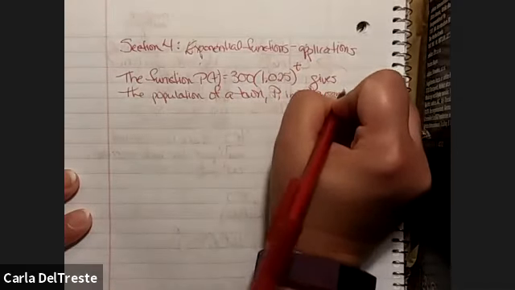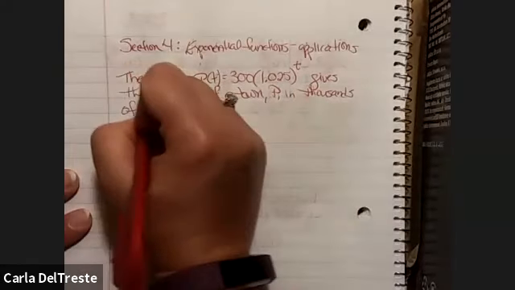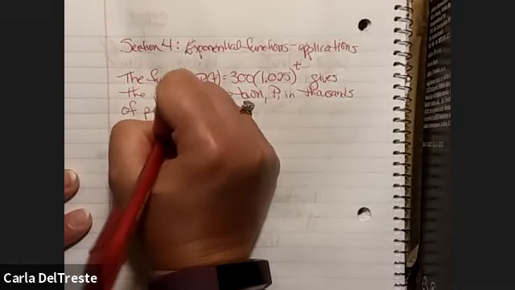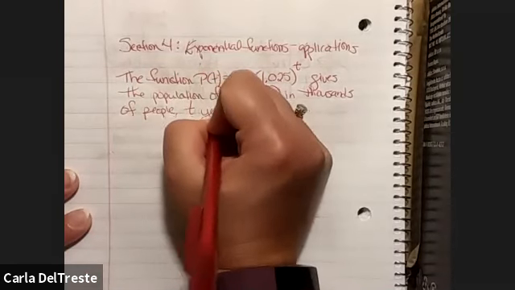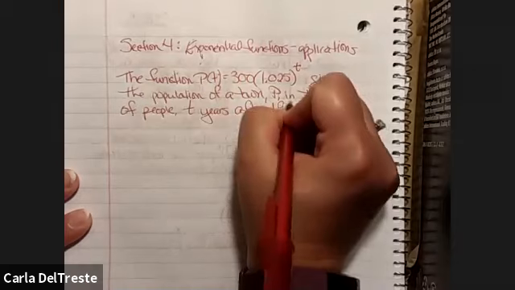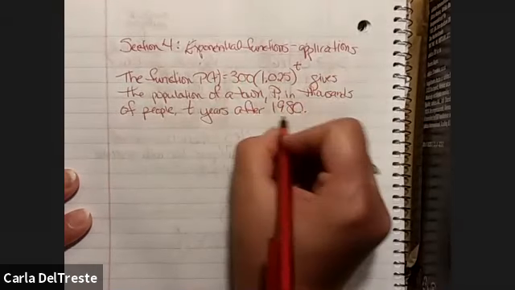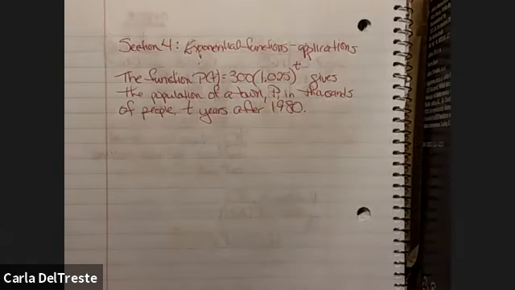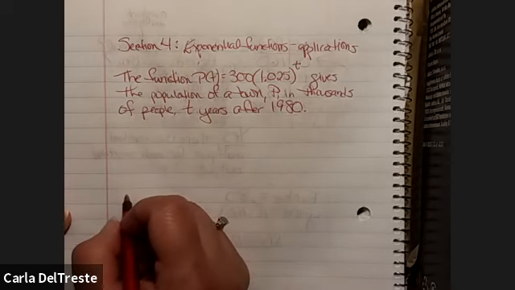Make sure you take notice of that because units are important. t years after 1980. Okay, and make sure you take notice of that as well, because that's going to affect your timeline and what numbers you're going to be using as inputs.